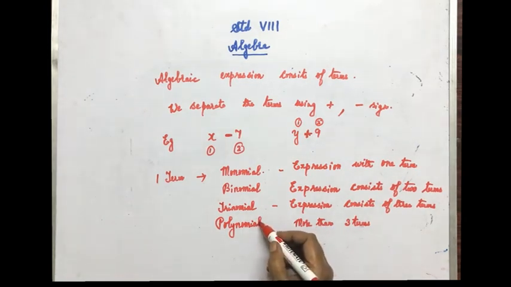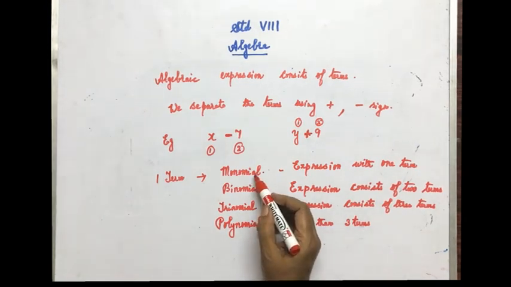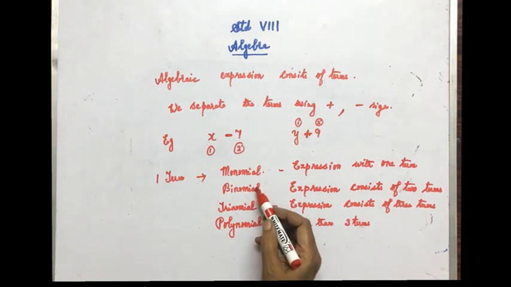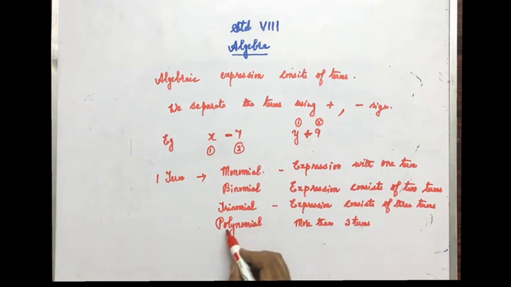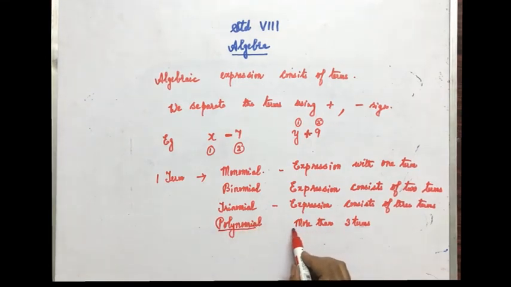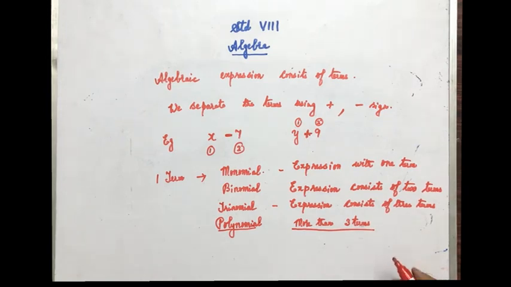Generally, we can say polynomial with one term is monomial, polynomial with two terms is binomial, polynomial with three terms is trinomial. So what is a polynomial? An expression consisting of more than three terms. So there can be 4 terms or 5 terms.